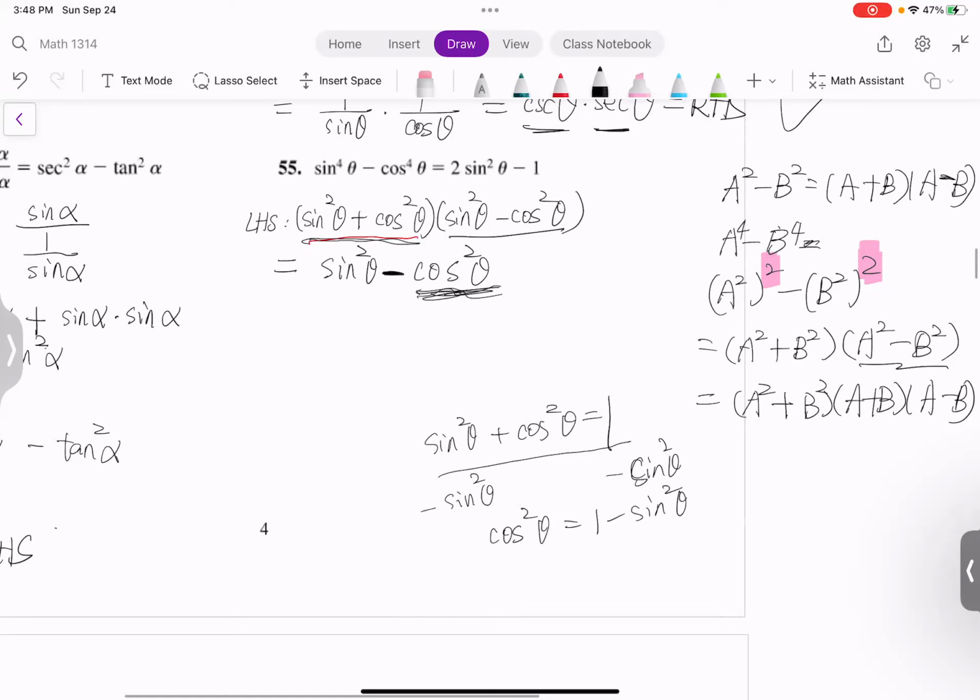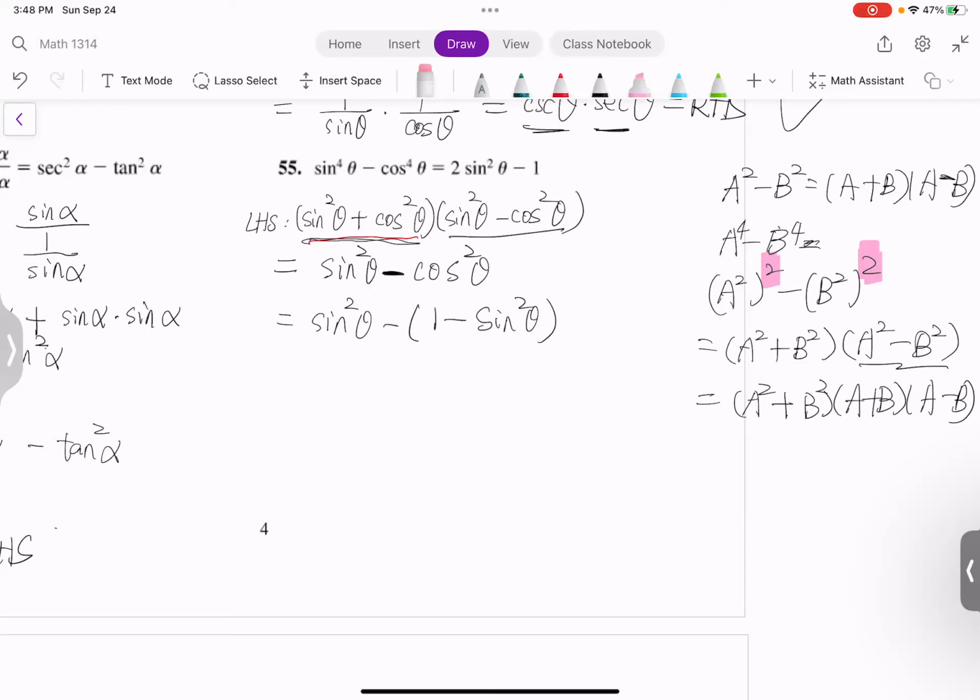Okay, let's replace this one. I'm having sine theta squared minus, what is in the parentheses? 1 minus sine theta squared. And then let's clear the parentheses. I'm having sine theta squared minus 1 plus sine theta squared. Yes, I got 2 times sine theta squared minus 1. Yes, that's the right-hand side.